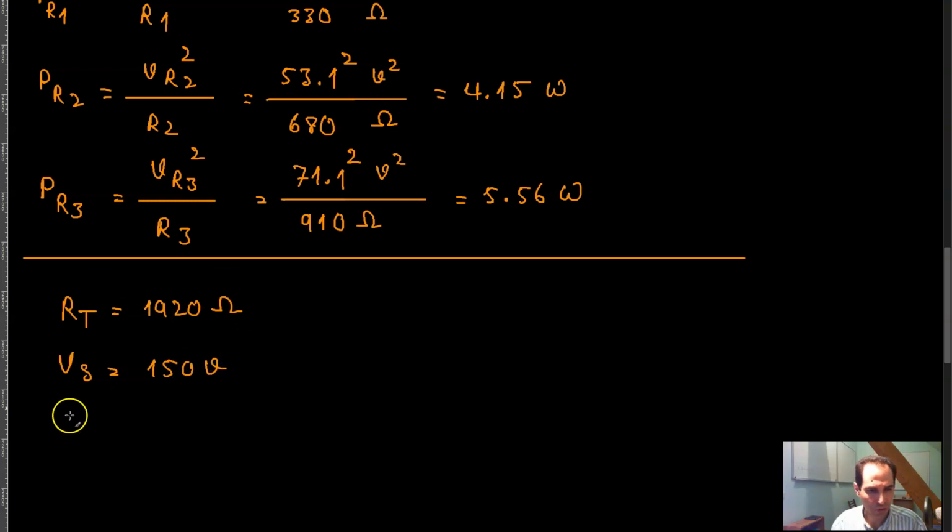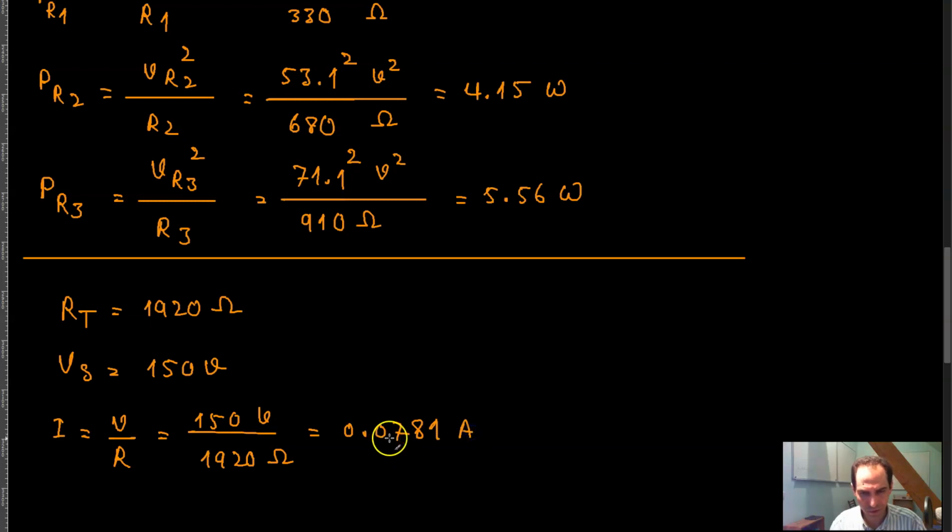So the current going through the circuit is I equals V over R, which is 150 volts per 1920 ohms, which is the same thing as 15 over 192, which is 0.0781 amps, which is basically 78.1 milliamps, right?